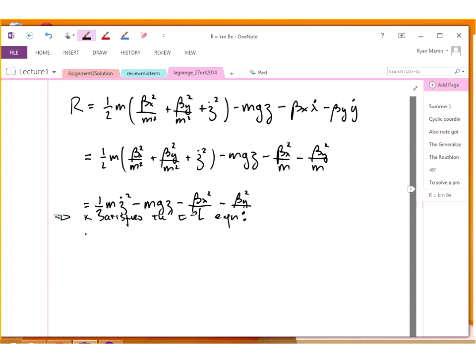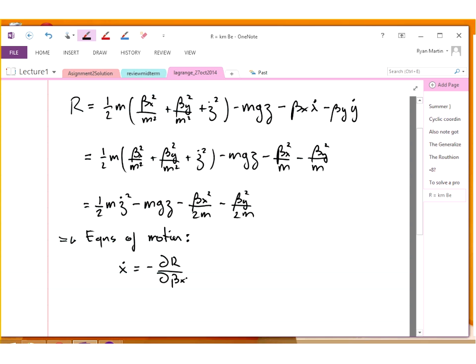So for the cyclic coordinates, we have x dot, which is equal to minus dR by d beta x. And so that's going to give us beta x over m. And so that's trivial.